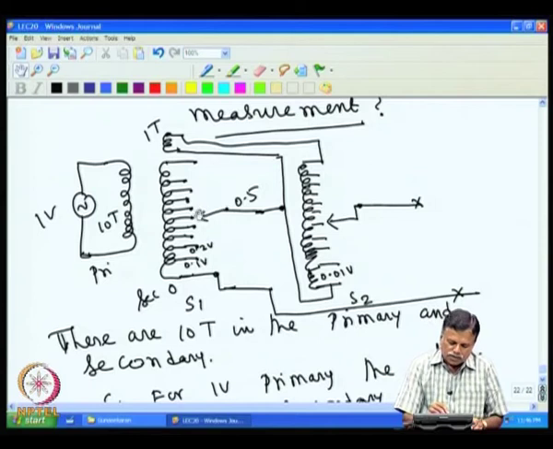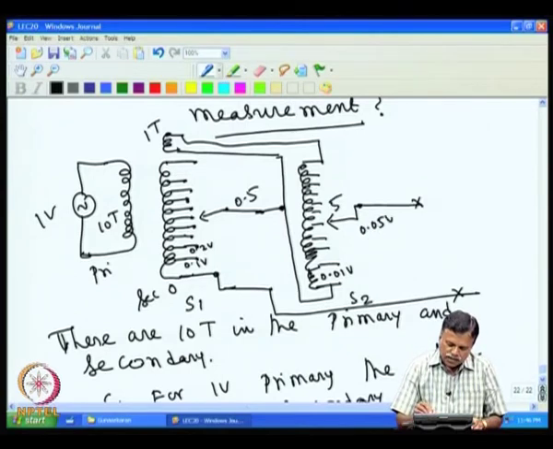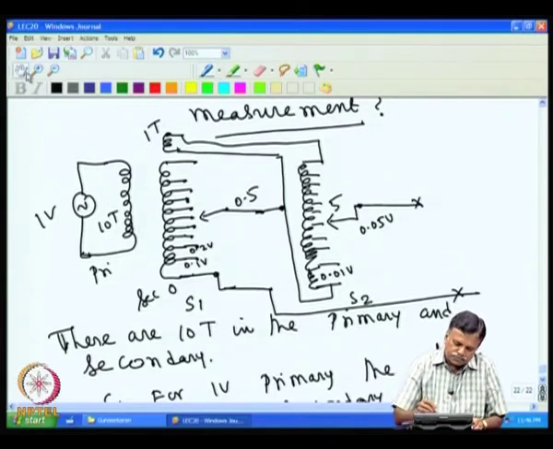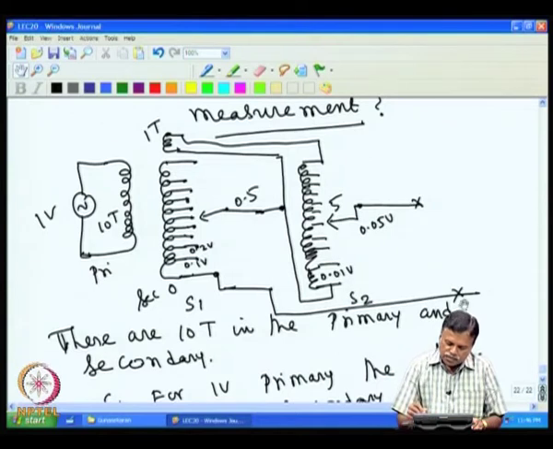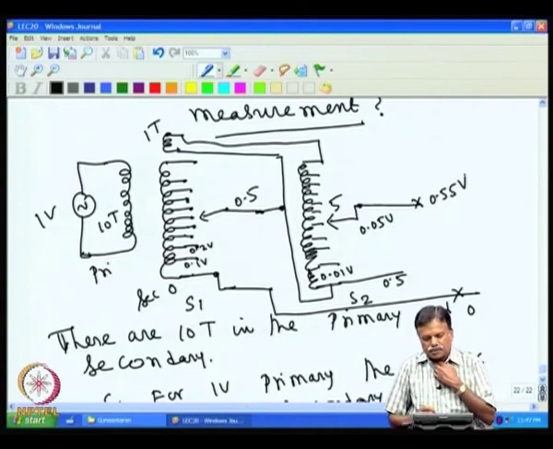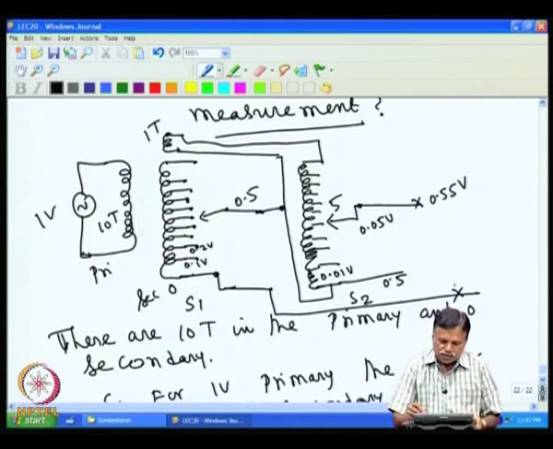Assume that this is also at the fifth winding, then this voltage is 0.05, where each one is 0.01. So, the voltage across this comes to be 0.05. That means if I take this as 0, then this is sitting at 0.5, and this is 0.05. So, the voltage at this point becomes 0.55 volt with respect to this point.